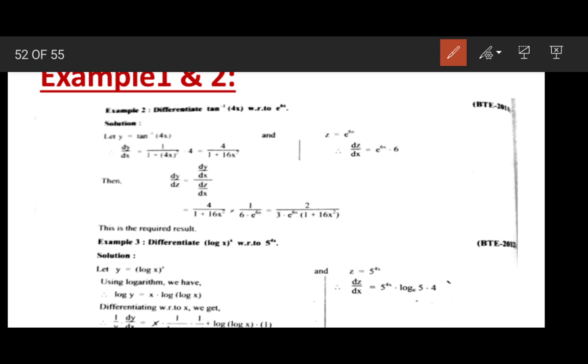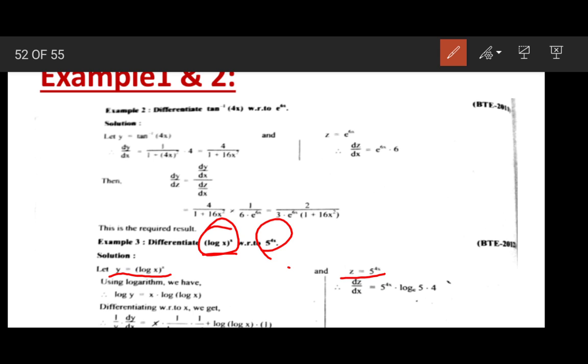Question is, differentiate log x raised to x with respect to 5 raised to 4x. So here y is equal to log x raised to x and z is equal to 5 raised to 4x. Now see this first term, log x raised to x.